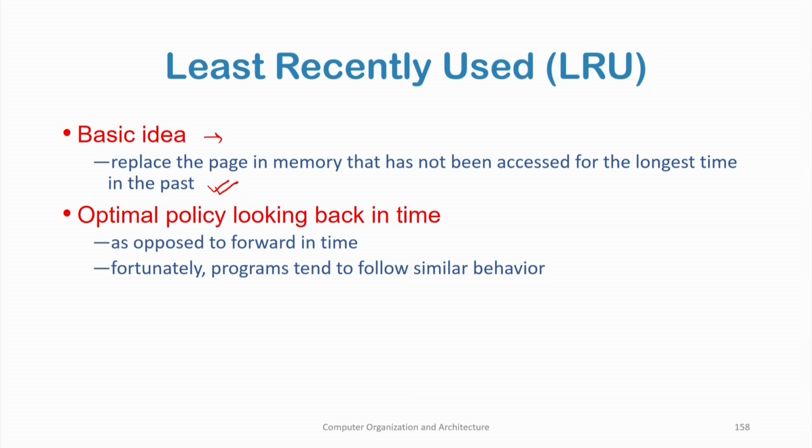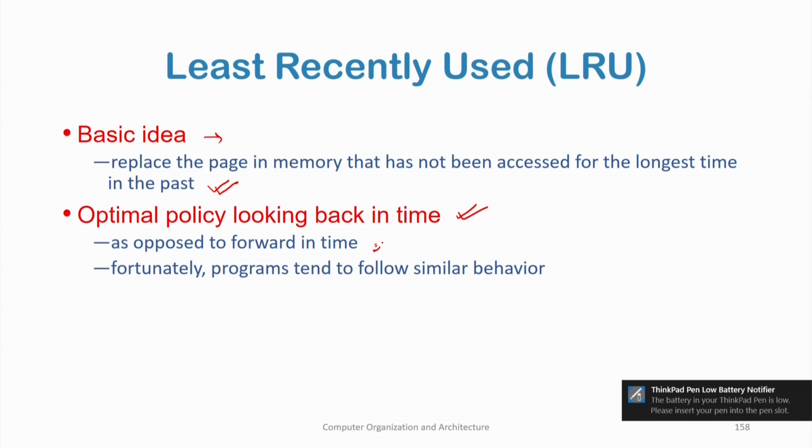Although this algorithm is costly, it is possible to look into the past. It is an optimal policy looking back in time. If I do not have the option of looking forward in time, this is the best possible alternative that I have.